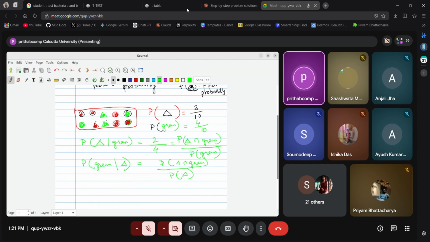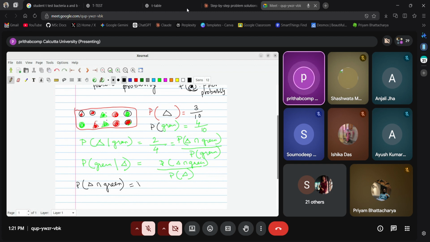Now from here, what you can see is common is this intersection part. So the probability of triangle intersection green, this part is common, right?